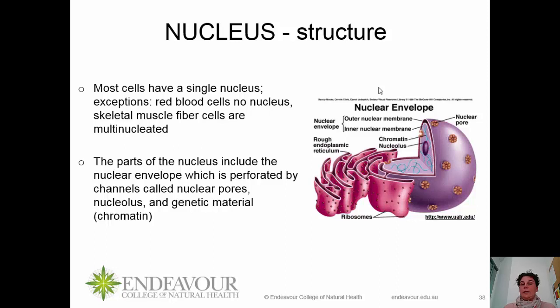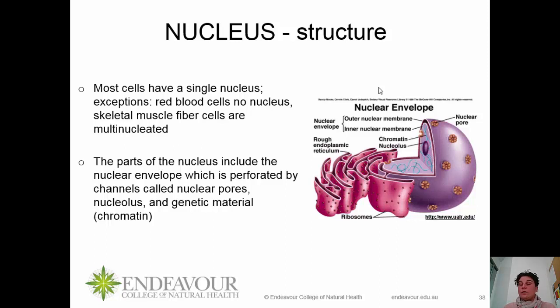And then you have red blood cells. Red blood cells don't actually have a nucleus at all. They are specialized cells that want to be small and full of hemoglobin so that they can drive your oxygen around the body. So they don't really need a nucleus per se. They're short-lived, so they don't need to replace anything.